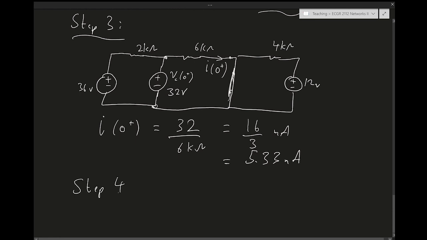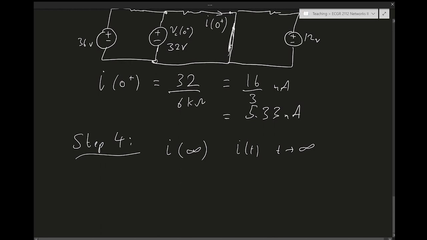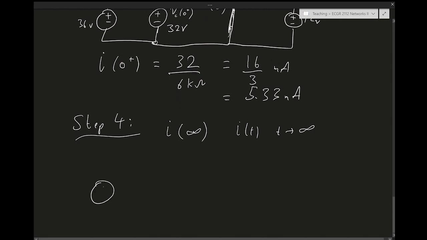Step 4, we want to find now the steady state value of the circuit variable we're solving for. So we want to find I at infinity, or I of t as t approaches infinity, to write it another way. Again, at steady state, the capacitor is an open circuit.